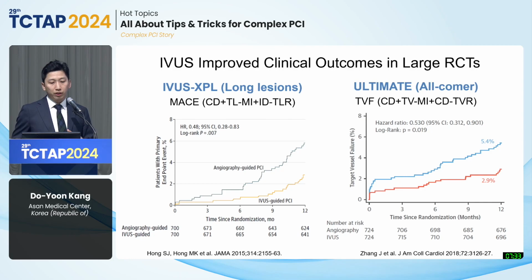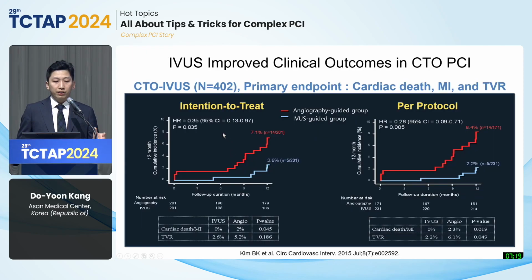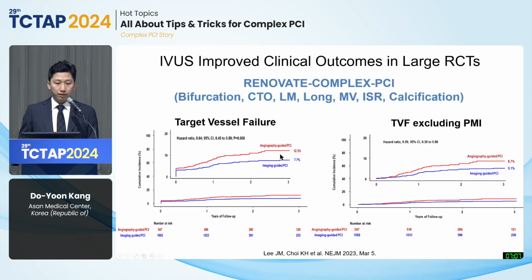Professor Hong showed the data of the IVUS-XPL in long lesions, and the ULTIMATE from China in all-comers, which reduced MACE on guiding PCI with IVUS compared to angiography. And in CTO, the CTO-IVUS RCT showed the benefit in the primary endpoint of cardiac death, MI, and TVR when IVUS was used compared to angiography only.